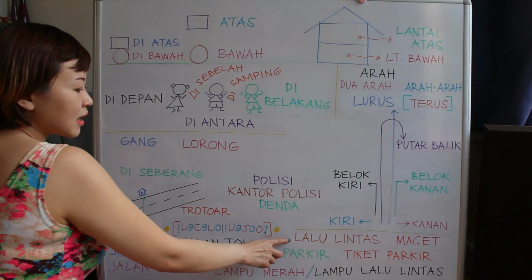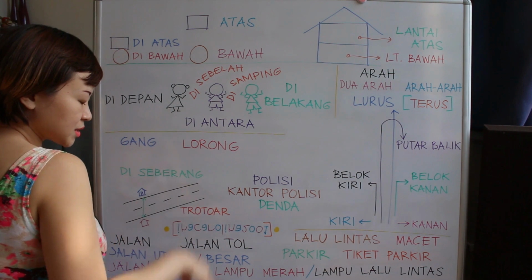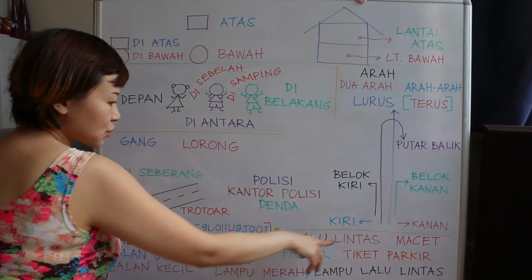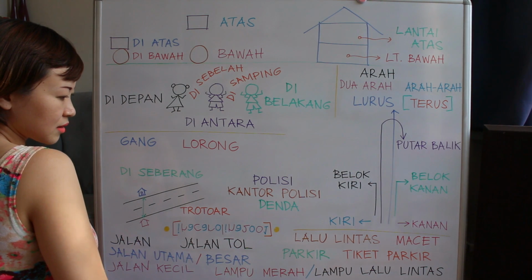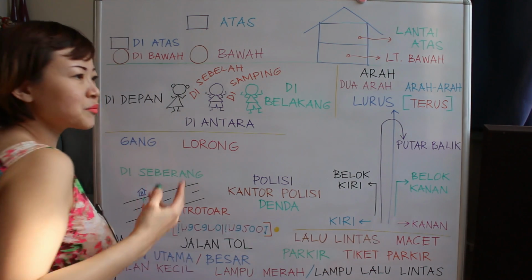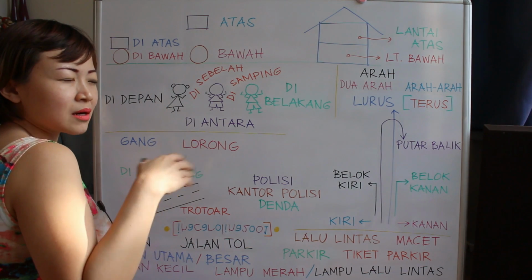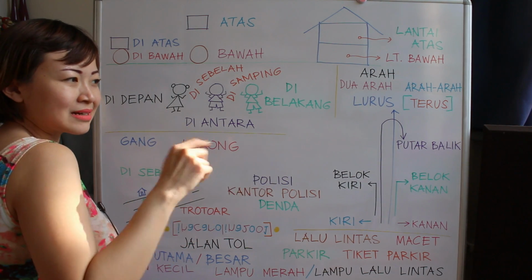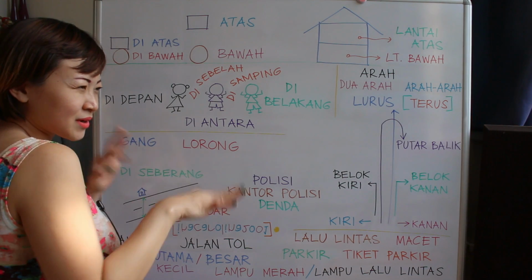Traffic, lalu lintas. Two words, lalu lintas. Traffic jam can be macet, the E is E, or can be macet, the E is A. It's different by area.